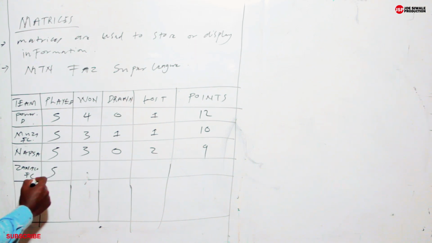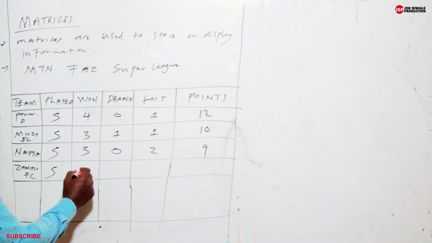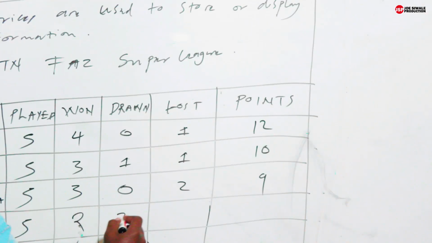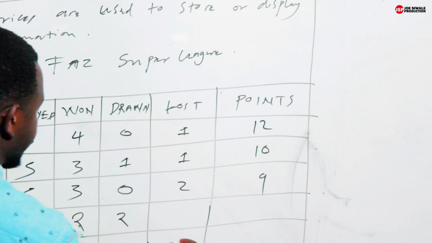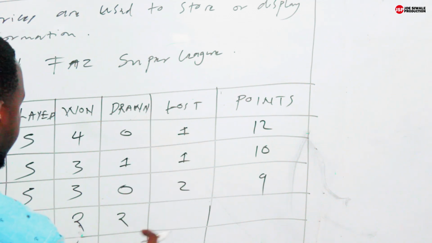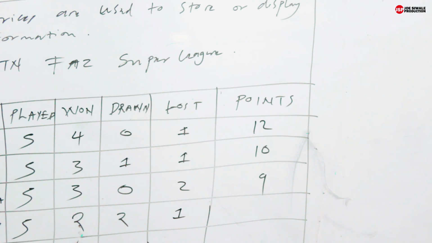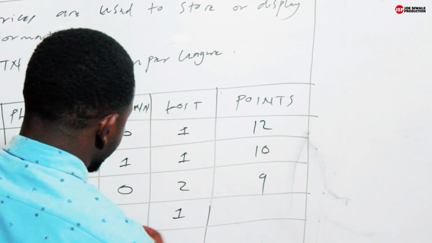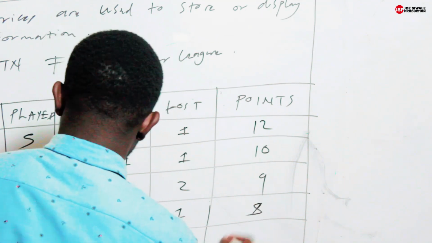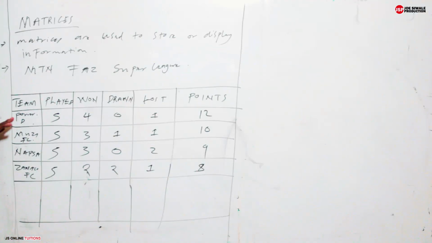They played 5 games, won 2 games, drew 2 games, and lost 1 game. That means the number of points here is 2 multiplied by 3, that's 6, plus 2, which gives 8. So this is just an example of the MTN FAS Super League.